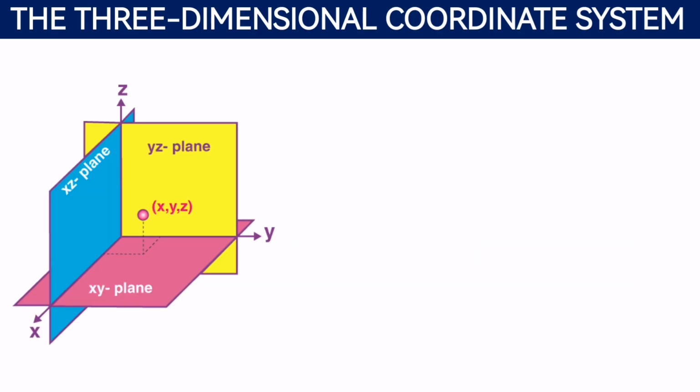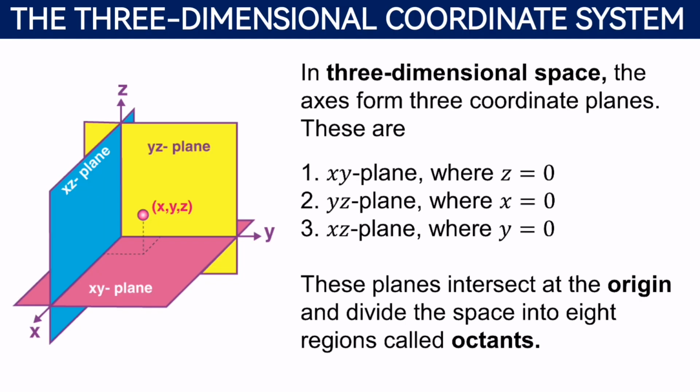Now, in the 2D space, we have the xy plane. The x and the y axis form the xy plane. So in 3D space, this x and y axis here form the xy plane. So in this case, z is 0.